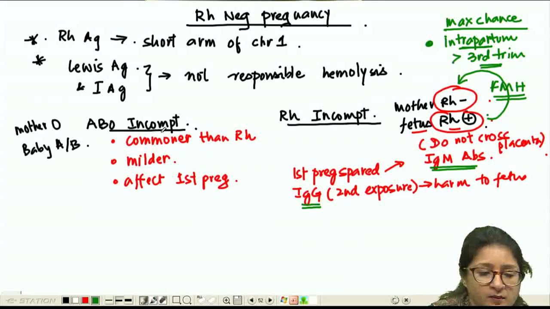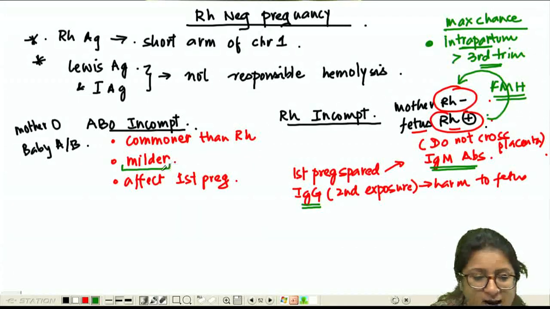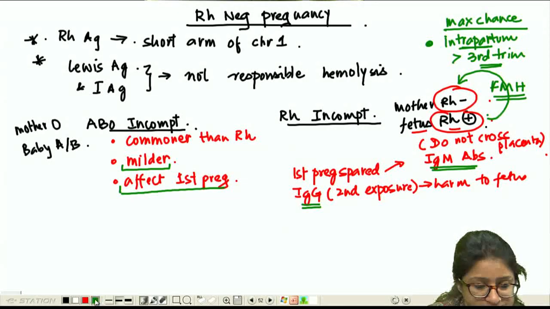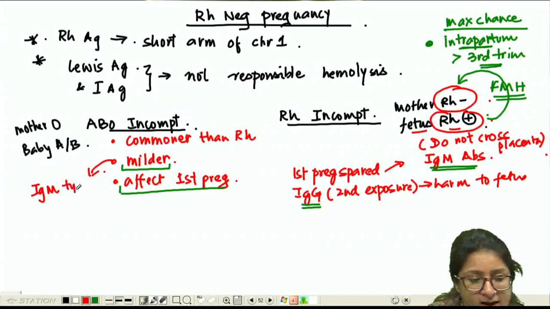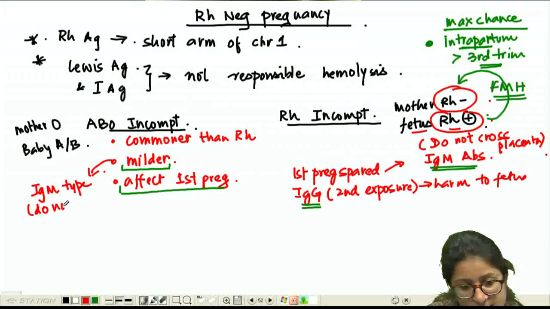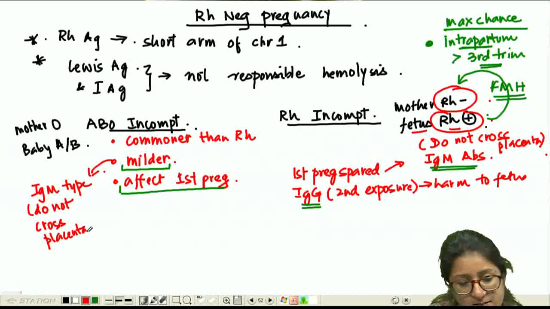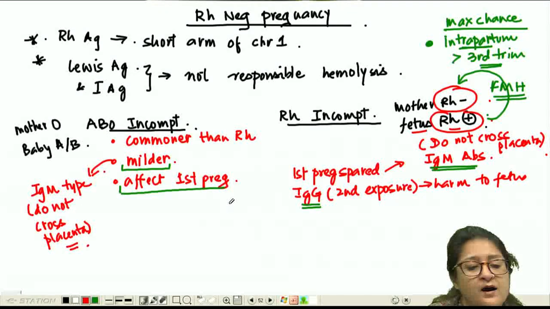Now, ABO incompatibility is milder and it can affect the first pregnancy itself. Very importantly, you have to remember that ABO incompatibility is usually milder and does not usually cause fetal hemolysis. Why is it milder? Because these antibodies are majorly of the IgM type and they do not cross the placenta.